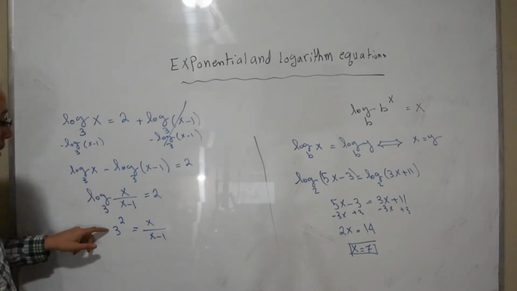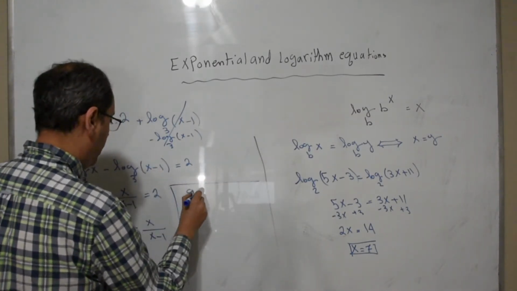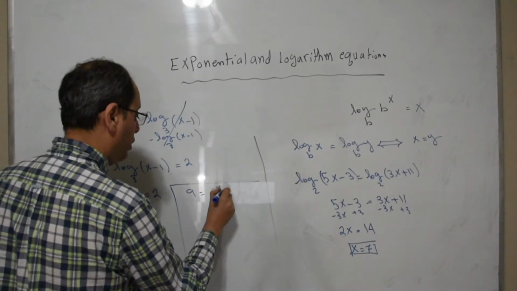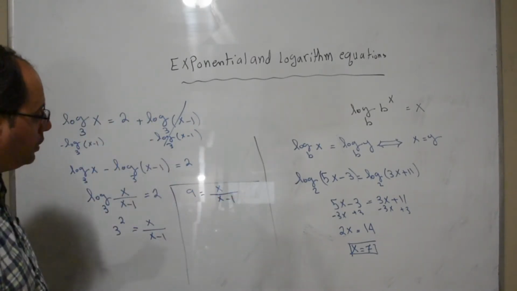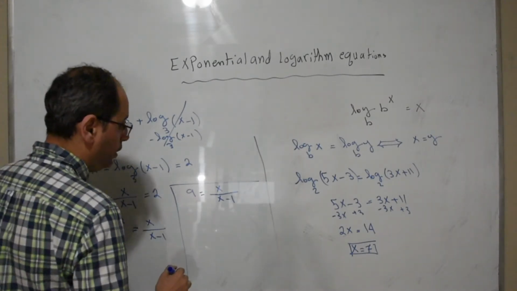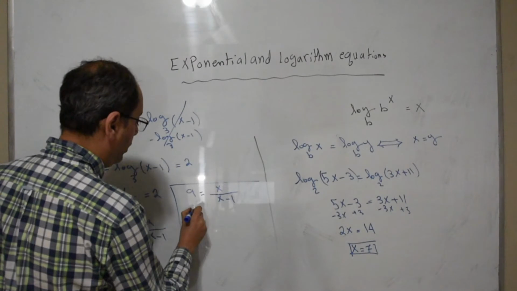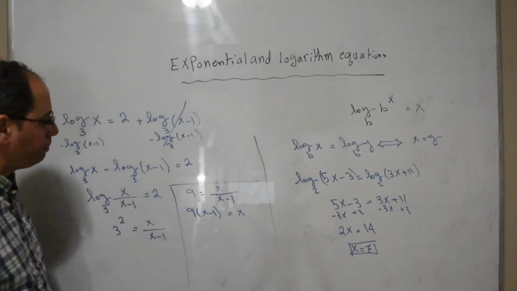What is 3 squared? 9, so 9 is x over x minus 1. Cross multiply, or multiply both sides by x minus 1. So I get 9 times x minus 1 equals x.